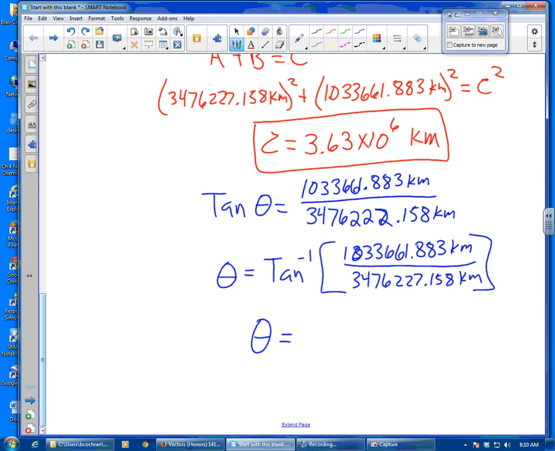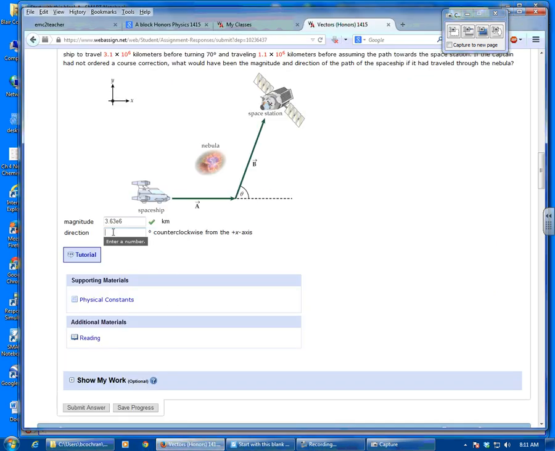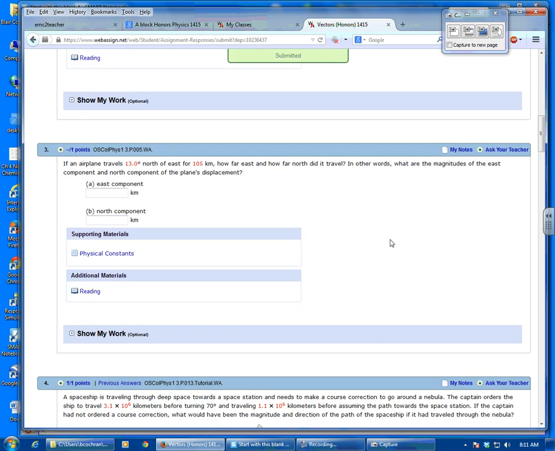This one, divided by this one, and I get 16.6 degrees. Let's see if that's right. Yay!